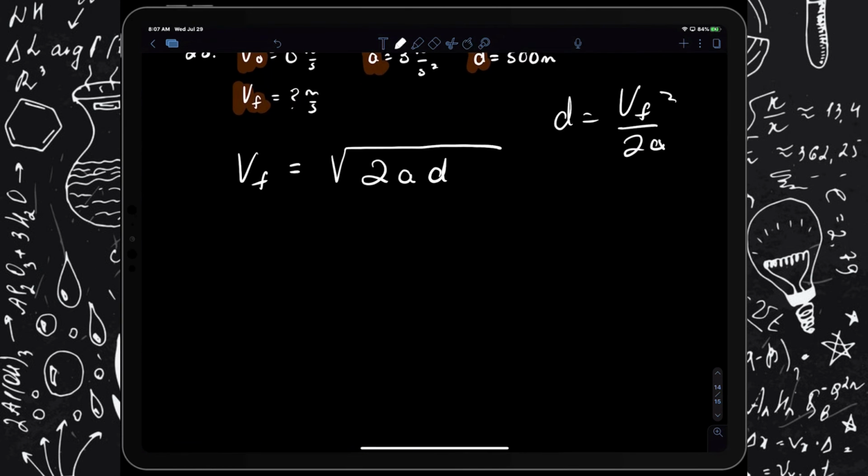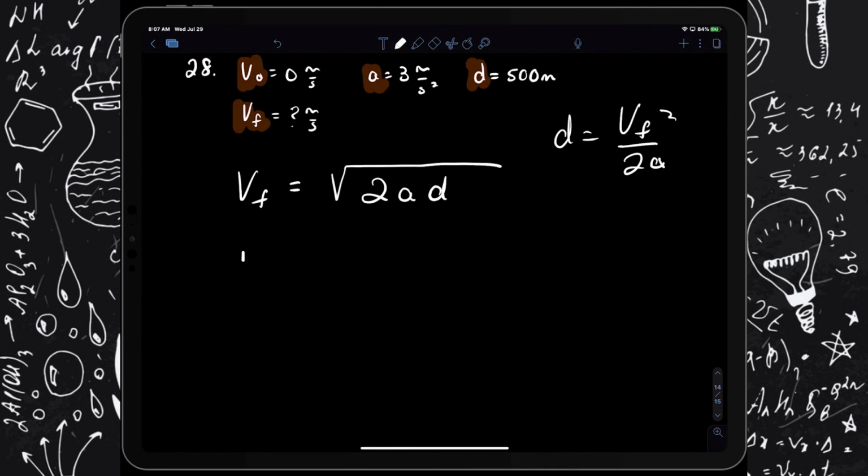Let's plug these in now. You have VF equals the square root of 2 times 3 meters per second squared times your distance of 500 meters. If we plug that into the calculator, what we're going to end up with is 54.7 meters per second.